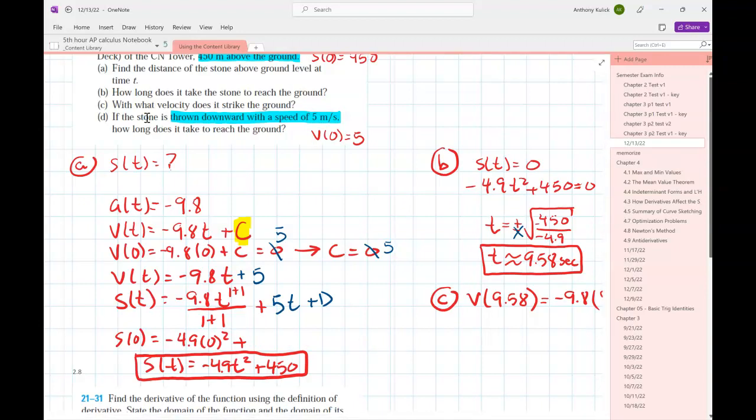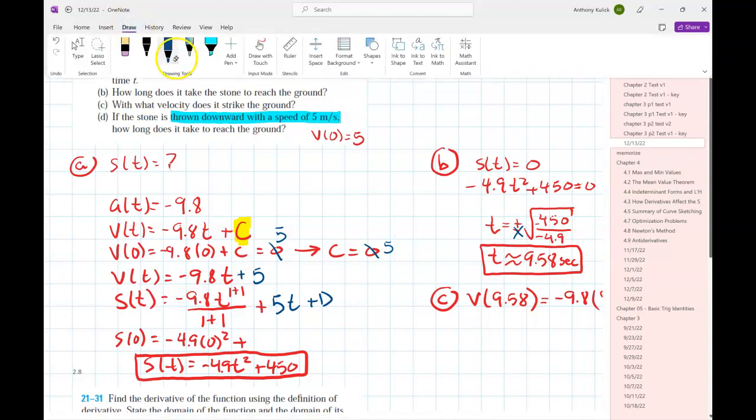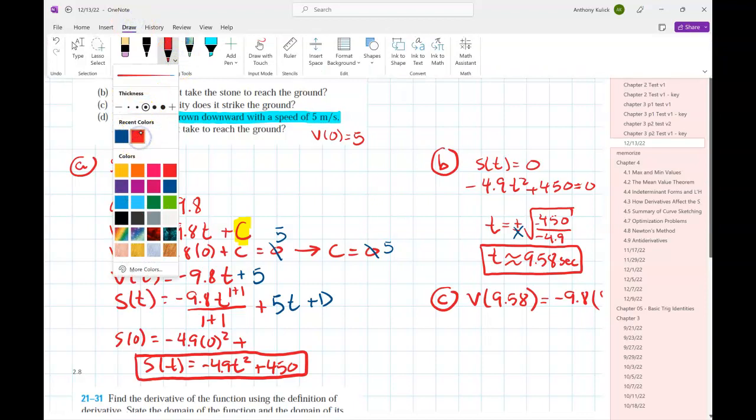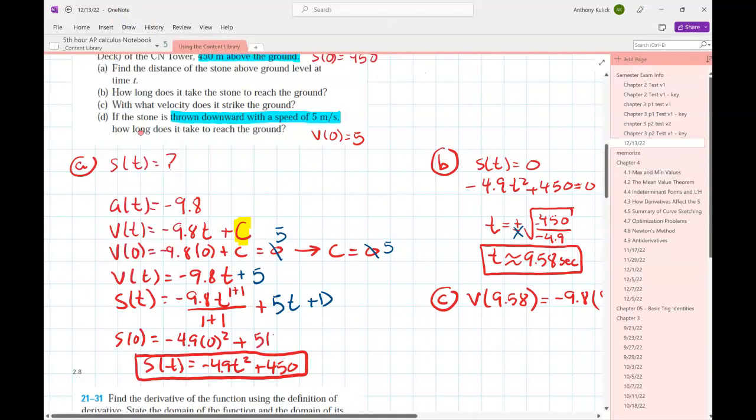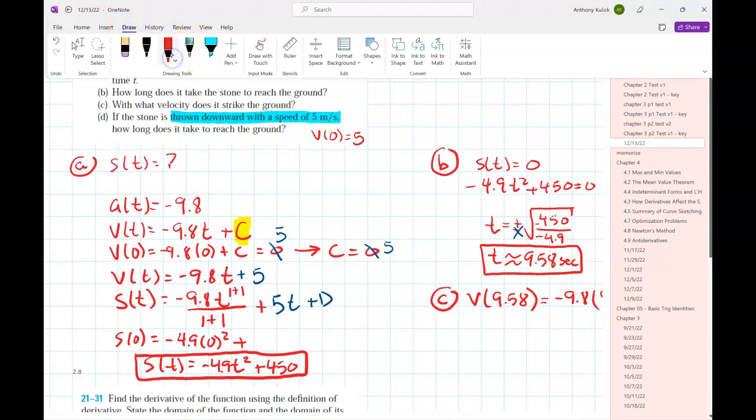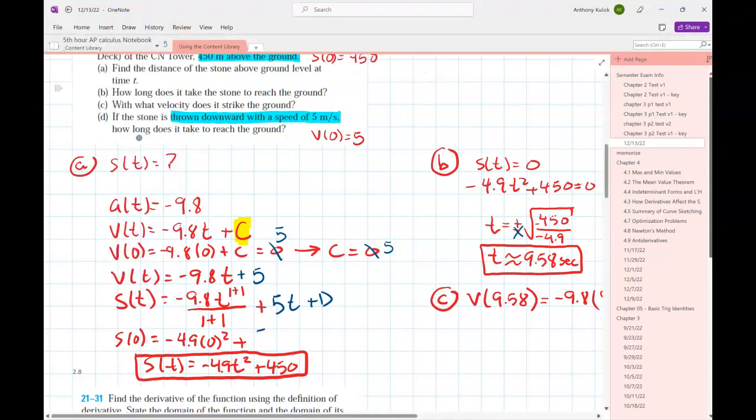So there I would get 5 times 0 plus d is equal to 450. But again, still d is 450.